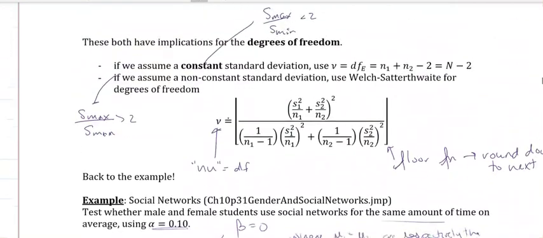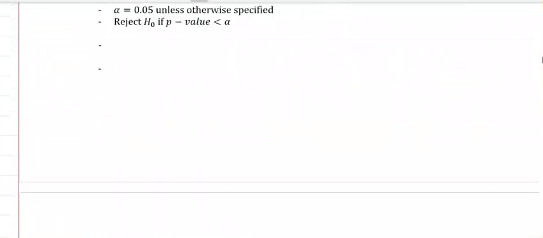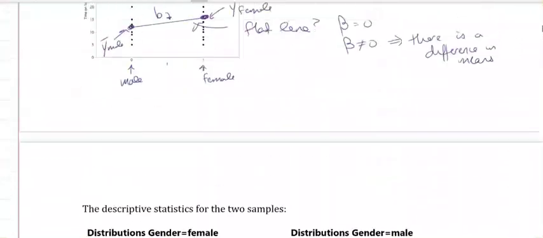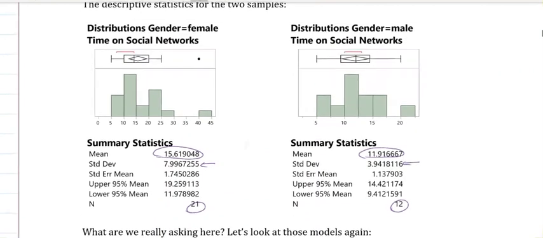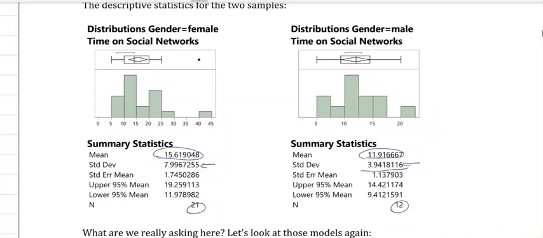Now why is that? If we go back and look at our sample data all the way up here, we can see that our standard deviation for group 1 for males is 3.94, and our standard deviation for group 2 is 7.996. And so if we do S max over S min, that's going to be 7.996 over 3.942, and that's just bigger than 2.